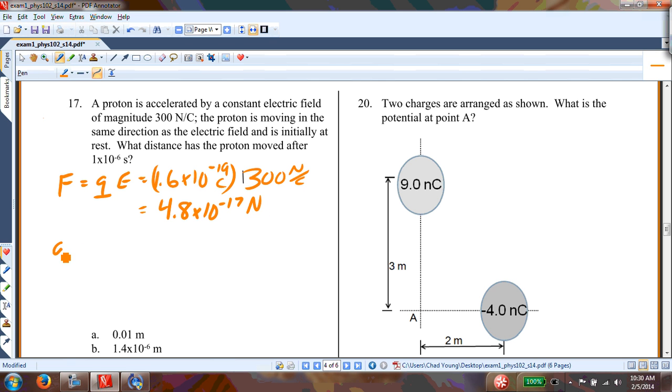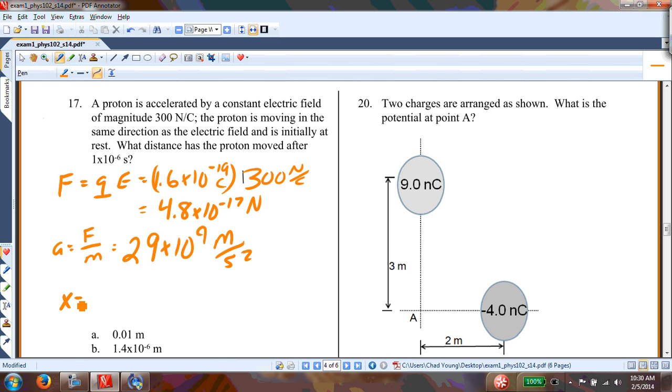And then I can find my acceleration, which is going to be F over m. So I'm going to divide that by the mass of the proton, which is 1.67 times 10 to the minus 27. And I get 29 times 10 to the ninth meters per second squared. And then I want to know the distance.